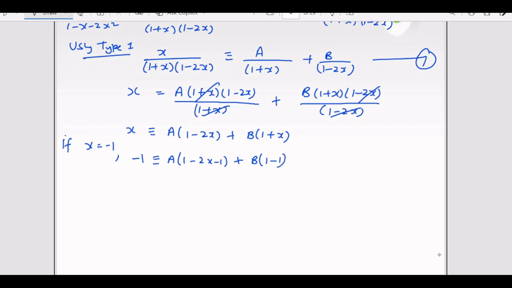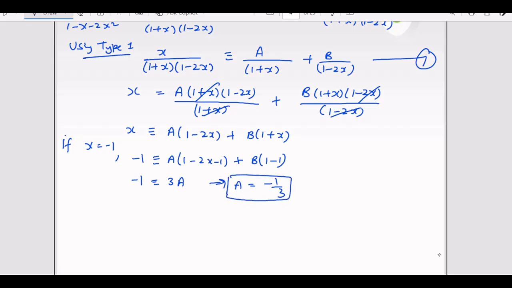So this will become 0. So negative 1 is equivalent to, 2 times negative 1 is positive 2, plus 1, it's 3A. So this is going to become 3A. So that gives us A as negative 1 over 3. So we got the value of A now.